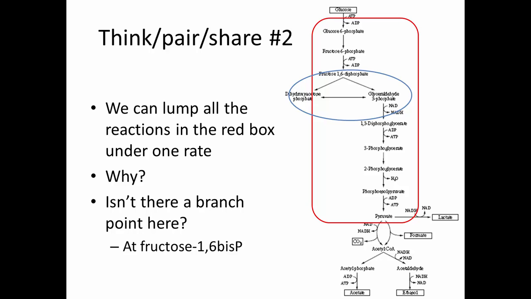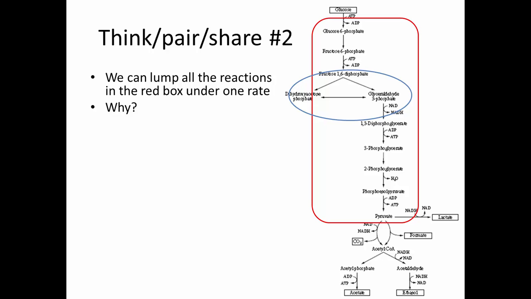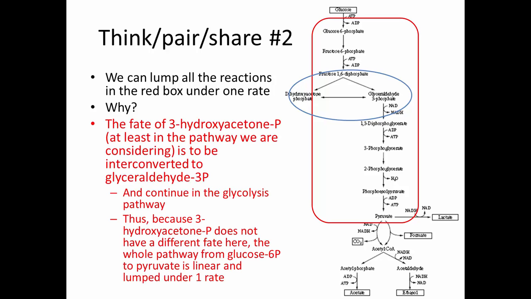So essentially, why can we lump the entire red box of reactions into one rate? It looks like there's a branch point here, fructose 1,6-bisphosphate. Well, we can do this because the fate of hydroxyacetone phosphate, at least in the pathway we're considering here, is just interconverted to glyceraldehyde 3-phosphate.